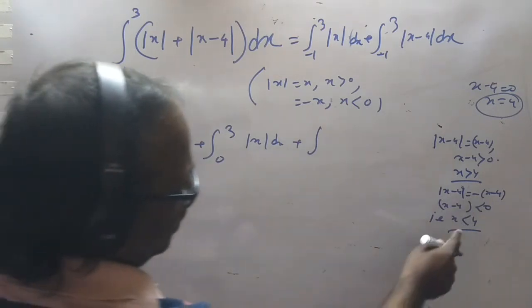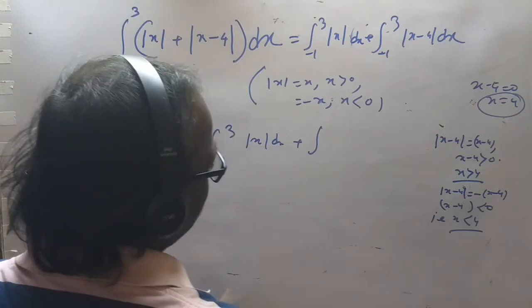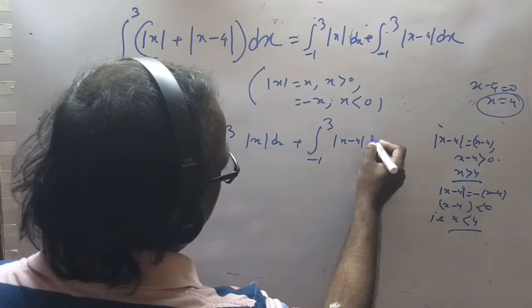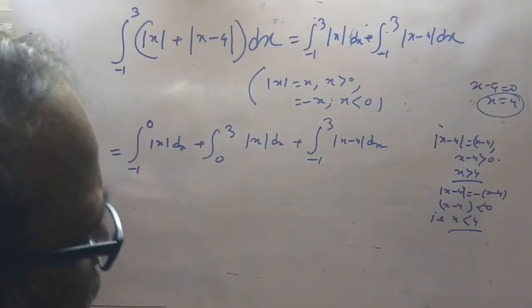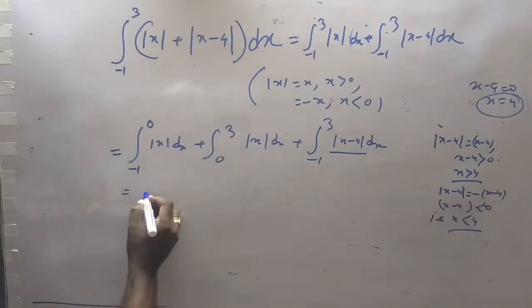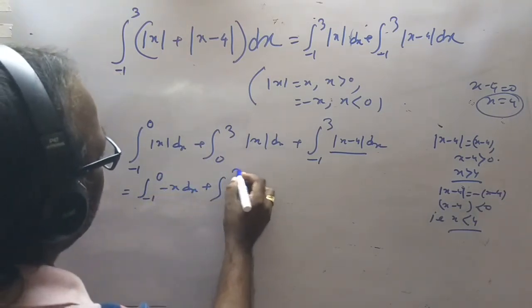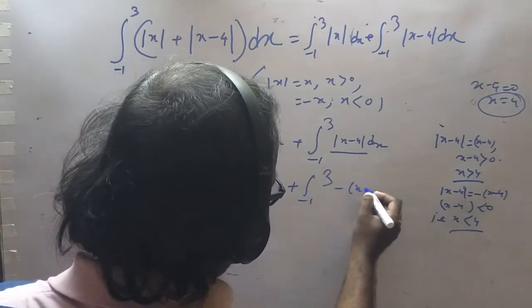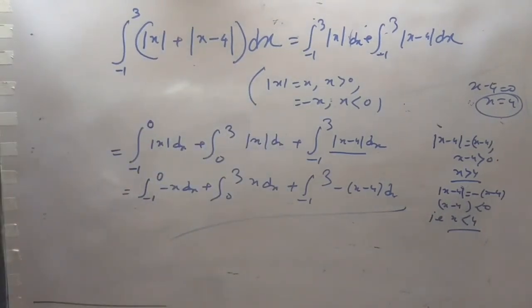See here, this is less than 4. So for minus 1 to 3 mod of x minus 4 dx, the whole region is less than 4, that's why it would be negative. So from minus 1 to 0 we have minus x dx, from 0 to 3 plus x dx, and again from minus 1 to 3 negative of x minus 4 dx. Do the simple integral and get the answer. Okay.